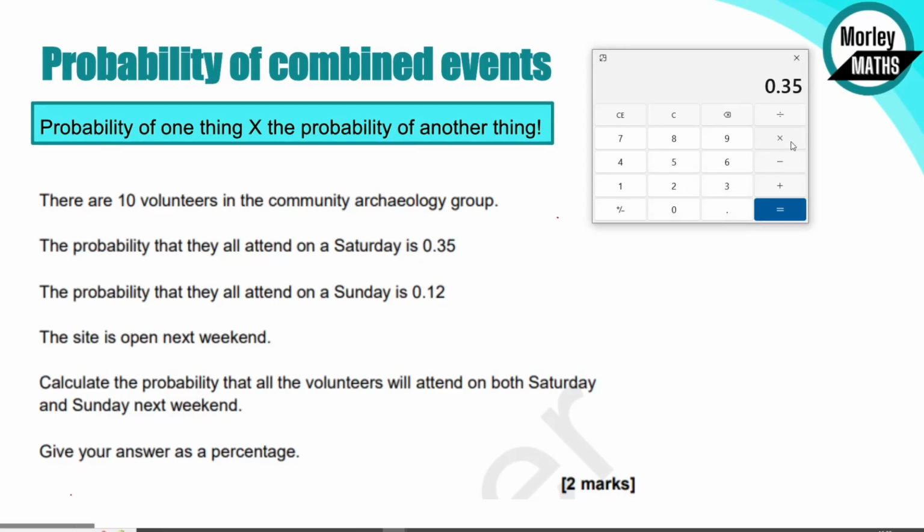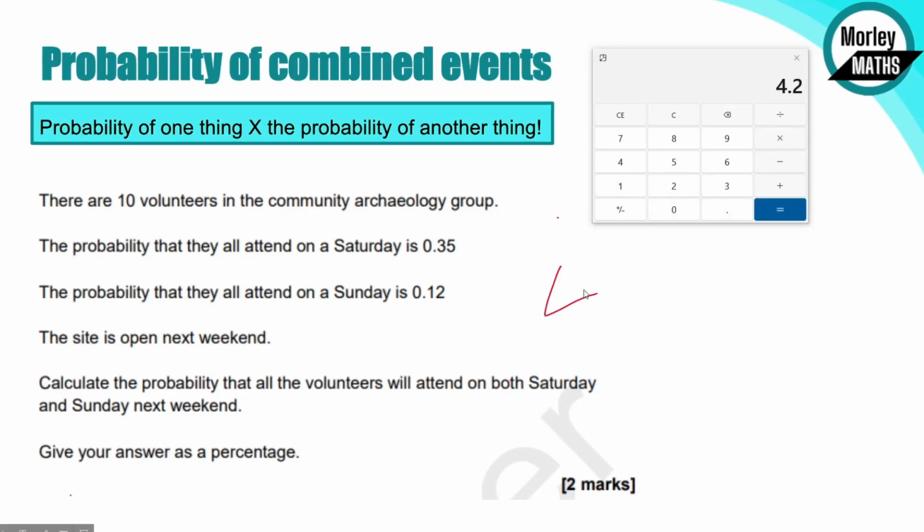We've just got to multiply those two probabilities together to give us our probability as a decimal. So this is the answer, and we need to turn it into a percentage. So to turn a decimal into a percentage, just times it by 100, and that gives us an answer of 4.2% that everybody will attend on both days.